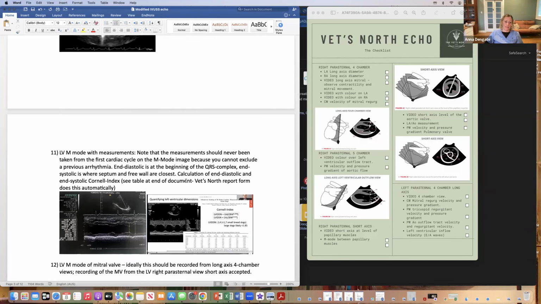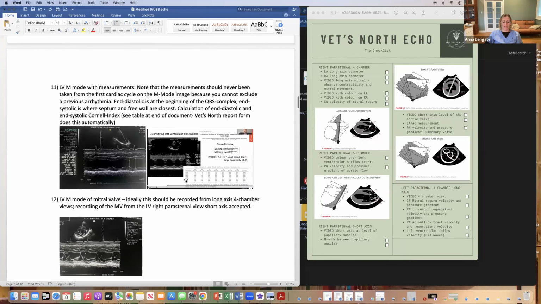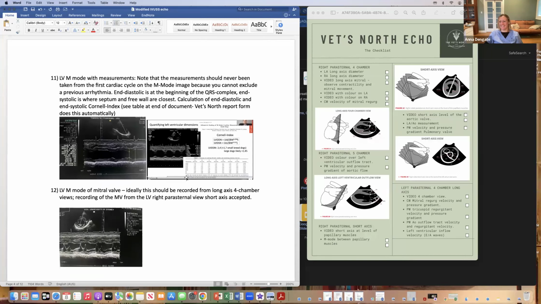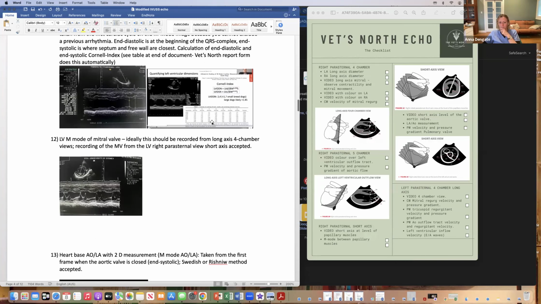So M mode, there's so many measurements in the M mode. It's really important that you've got as circular as you can get and that you're not on an oblique, because you can imagine if you're looking through this section a little bit sideways, you're going to underestimate the left ventricular diameter.